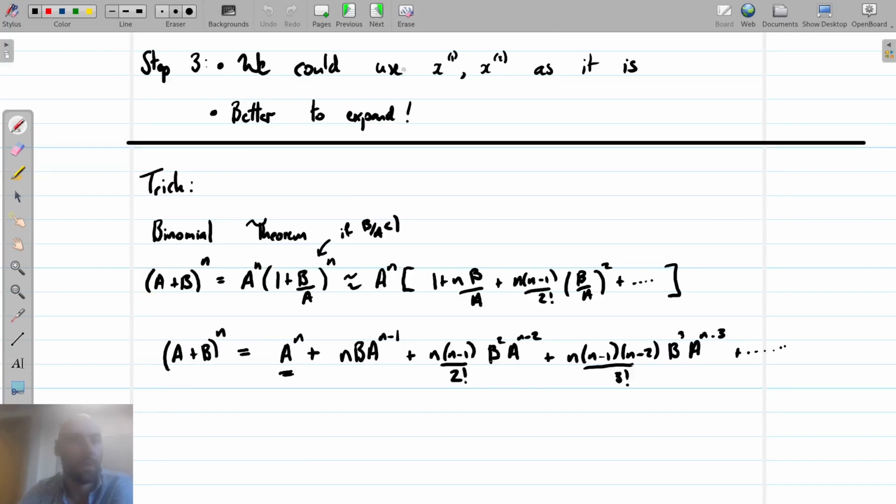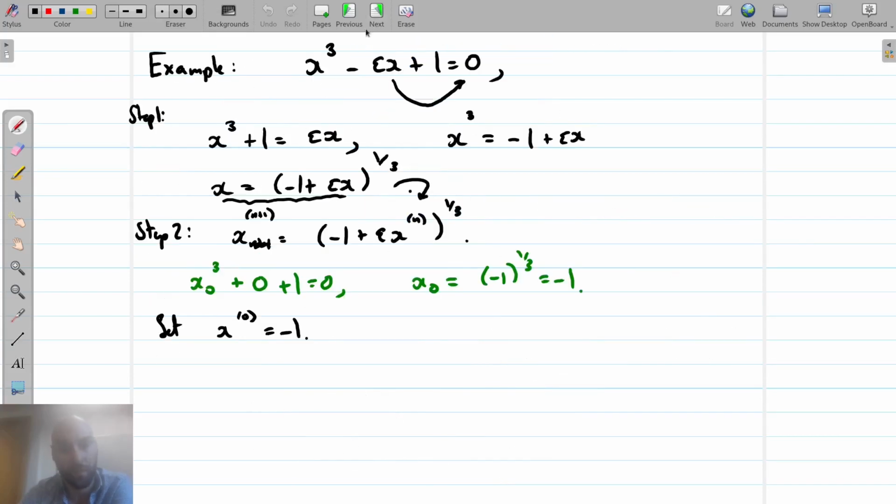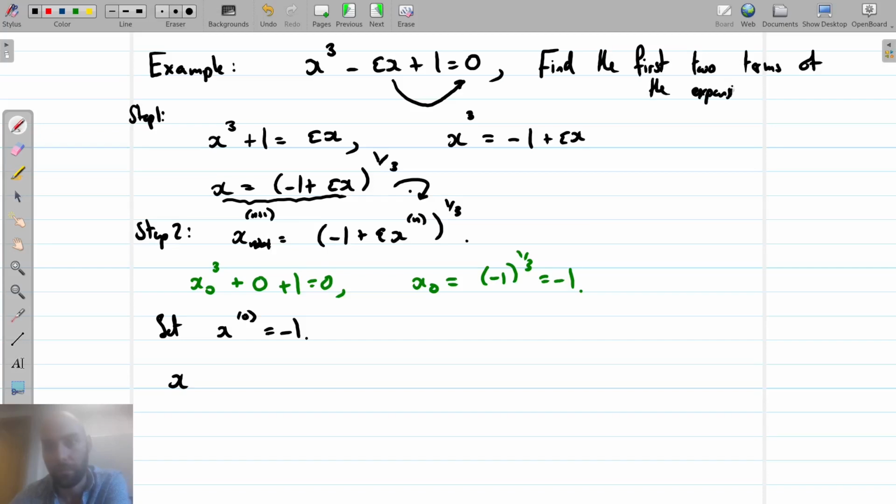Okay, so really we should go into step 3, where we have to work out x1 and x2 and then expand it. So let's just do it for the first term. Let's just tweak this problem and say find the first 2 terms of the expansion. So x naught equals minus 1.